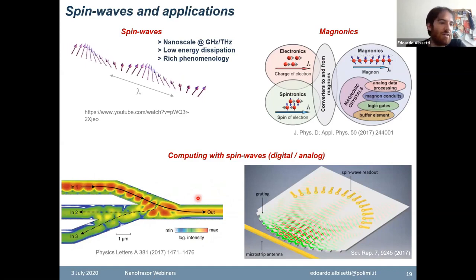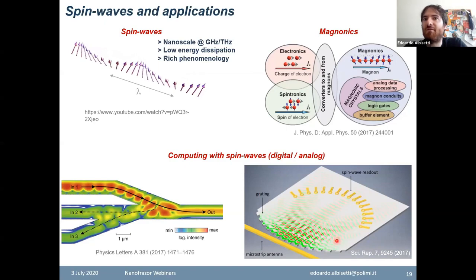Another kind of paradigm is to use spin waves for analog computation. So instead of having a digital output, we have a whole continuum of amplitudes and phases, usually in an extended chip, so that we can use extended spin wave interference figures to perform, for example, Fourier transforms or signal processing more in general.